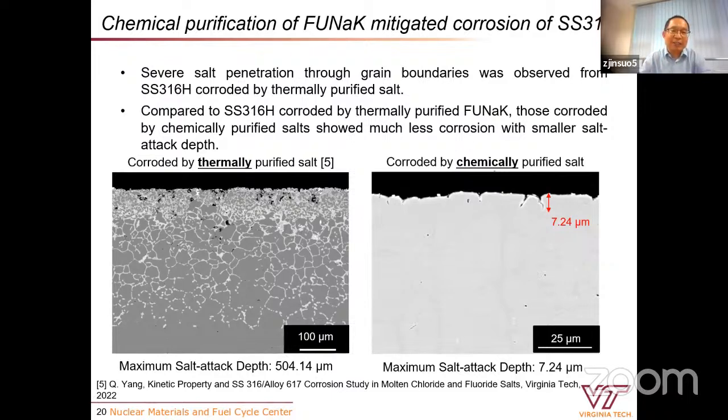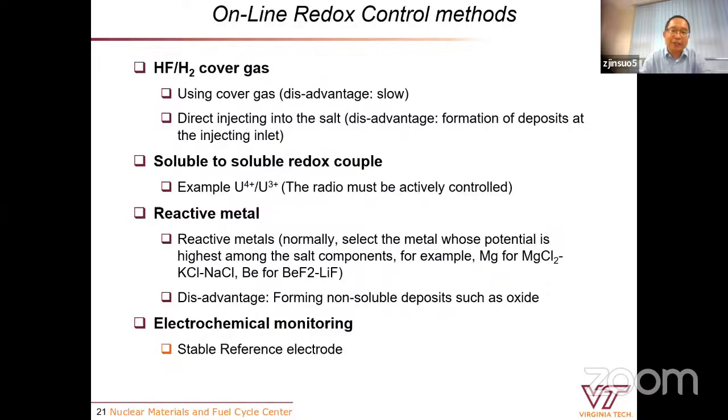You can see that if you purify your salt, you can reduce the corrosiveness of your salt very significantly. It goes from several hundred to less than 10 micrometers of attack. This is the fluoride salt.